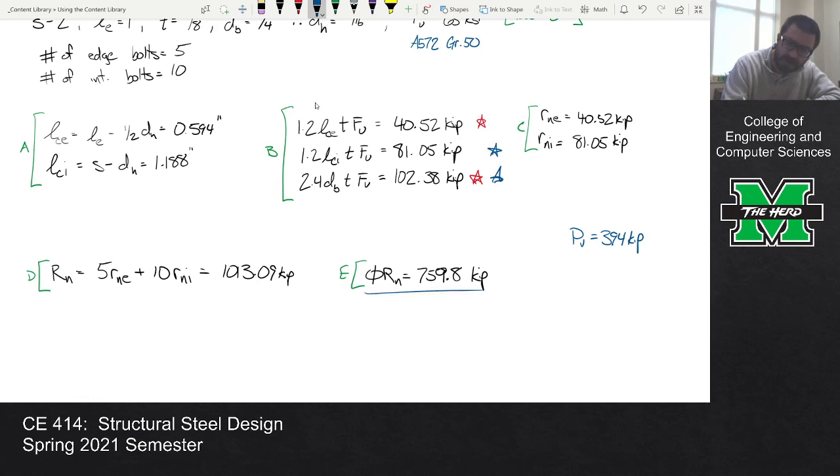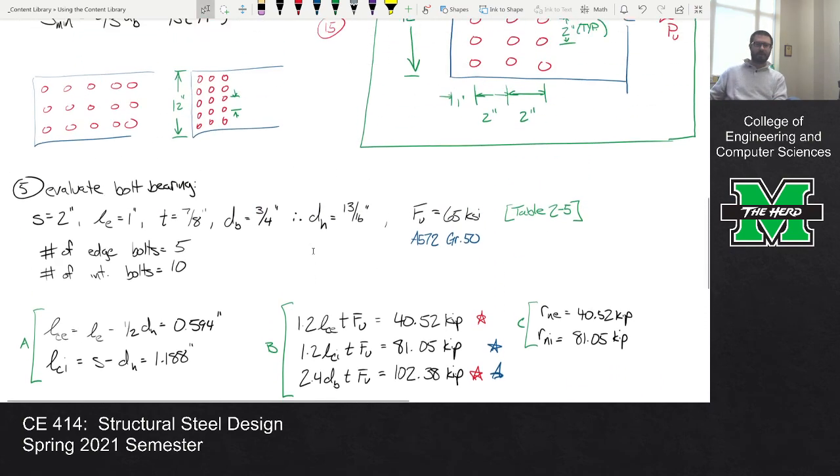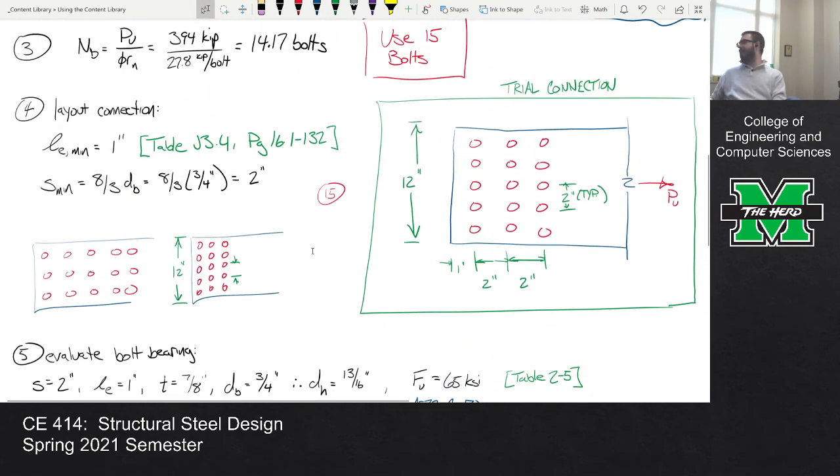So comparing this and comparing this, step 5 was to evaluate bolt bearing capacity. Does this connection have enough bolt bearing capacity? There you go. So I think that's our answer right there. So what's the answer? It's this. This is the answer.